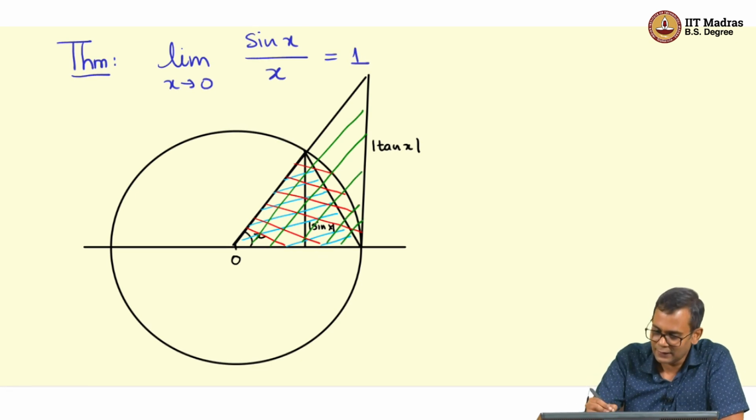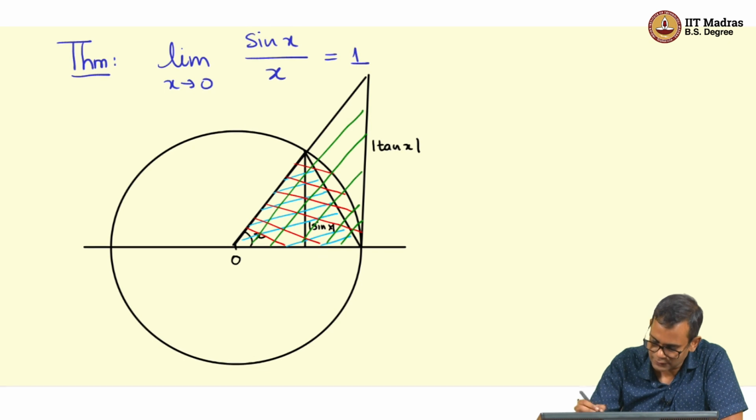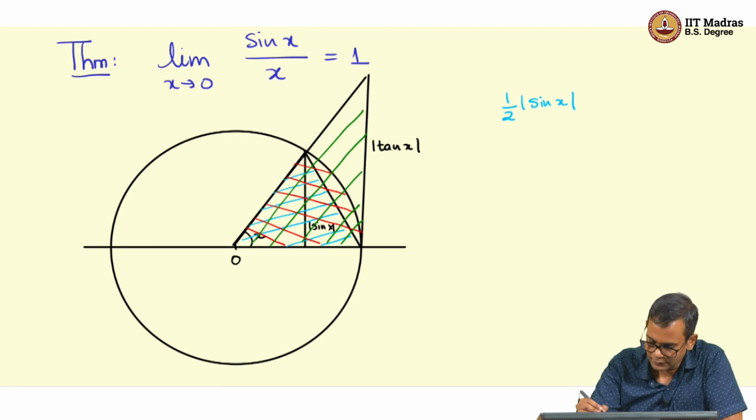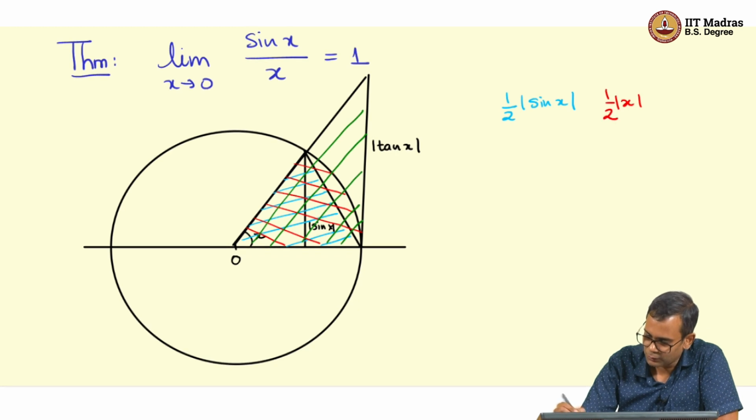Comparing these 3 areas, what do we have? The smallest triangle has area half times the absolute value of sin x, the circular sector has area the absolute value of x by 2, and finally, the larger triangle shaded green has area half times the absolute value of tan x.